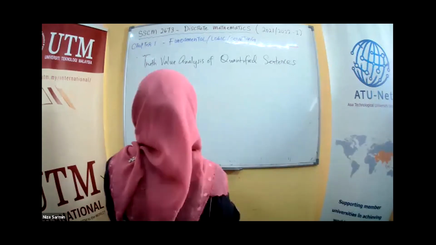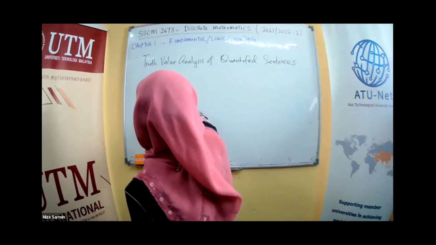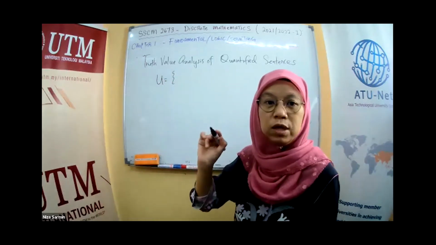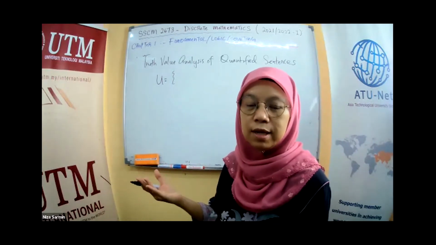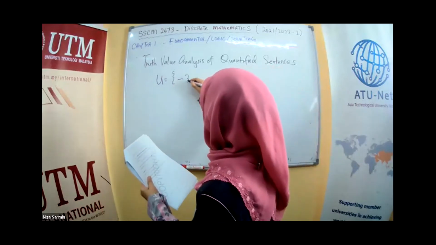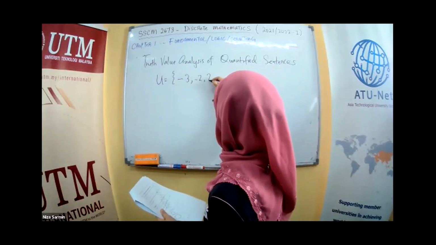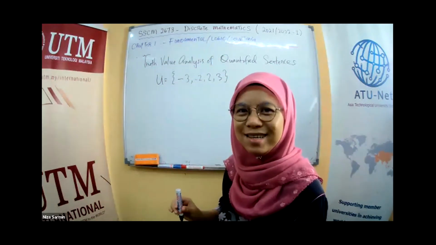You have to have the universal set. Your universal set can be infinite, it can be finite. In this case, it's finite. You know why we call it discrete?